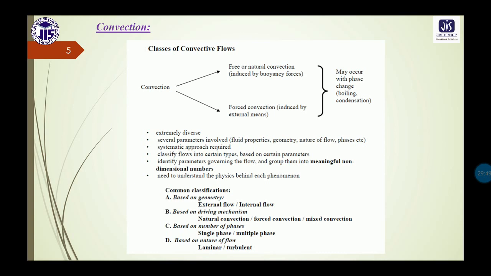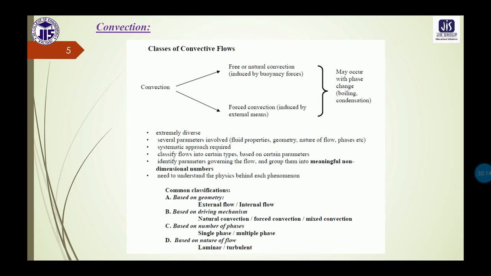Another is forced convection, which is induced by external means. Now it may also occur with phase change, that is boiling or condensation, which will be discussed in later lectures.